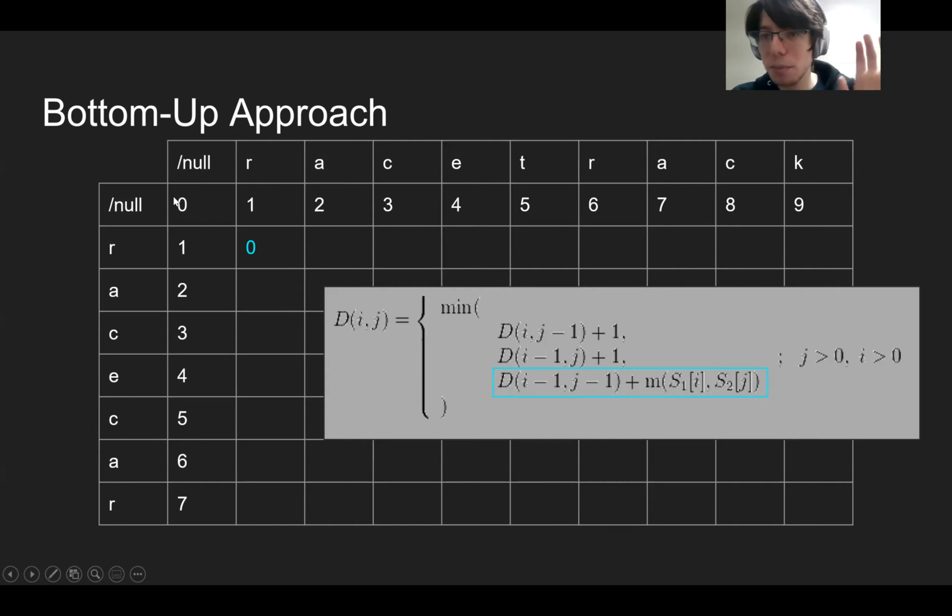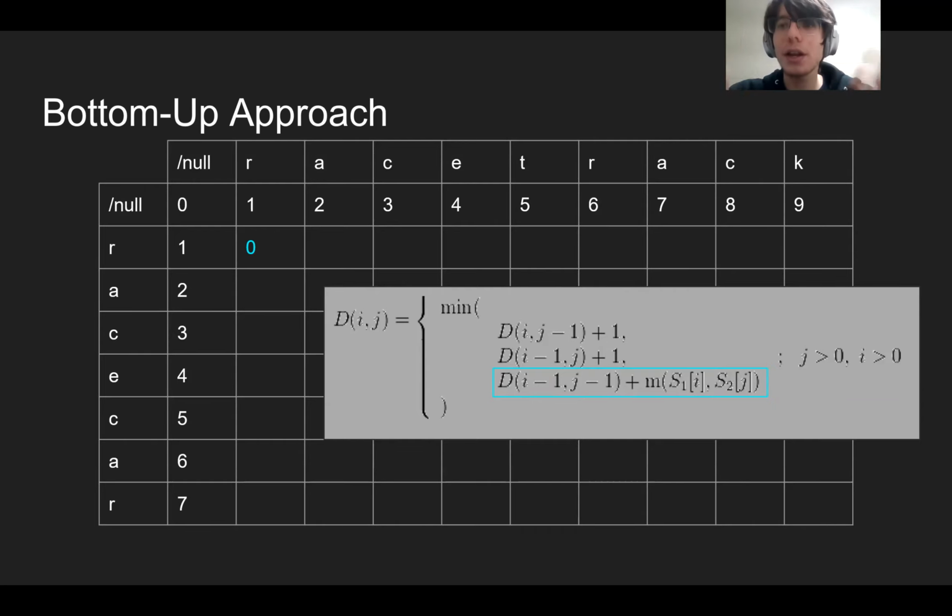There were no changes that had to be made, plus the difference that we have to make in order to actually get to these letters. So R and R are the same, so no changes had to be made. So 0.